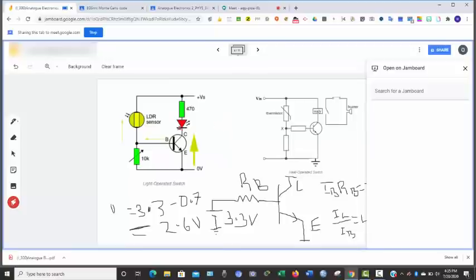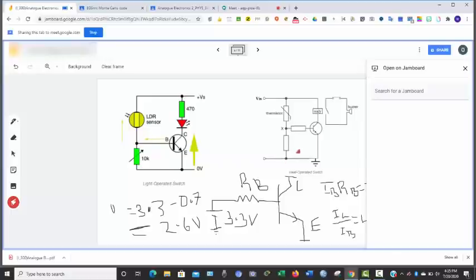This is my transistor, and this is my collector region, and this is my light emitting diode. This is the LDR, the light dependent resistor.